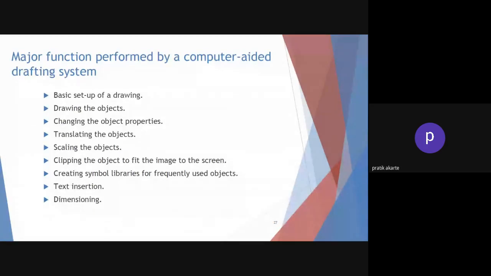Then you have your nameplate, who prepared this, what is the title of the drawing, what is the bill of material, what are the parts over there. All these are included in text insertion. And then you have dimensioning, the various dimensioning systems you use for dimensioning the particular drawing. So these are the major functions performed by the computer aided drafting system.